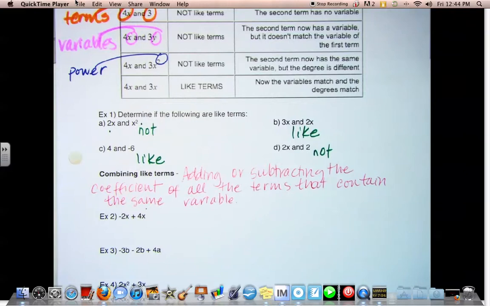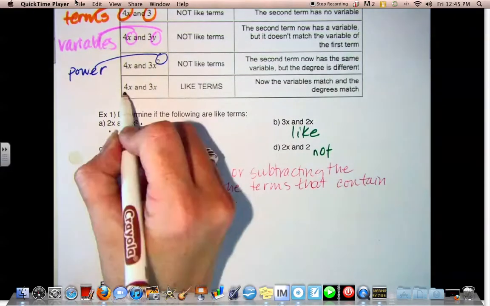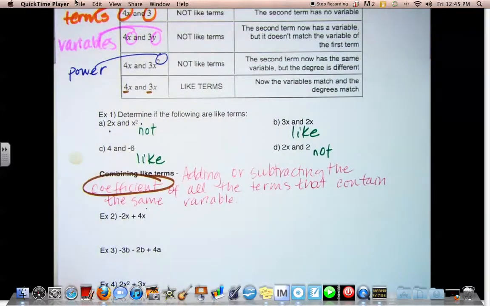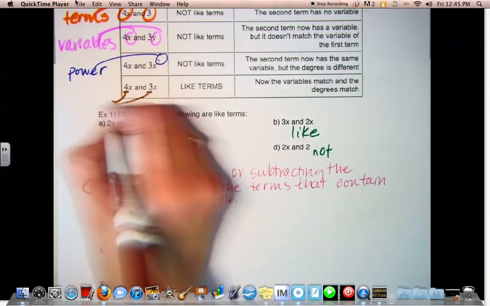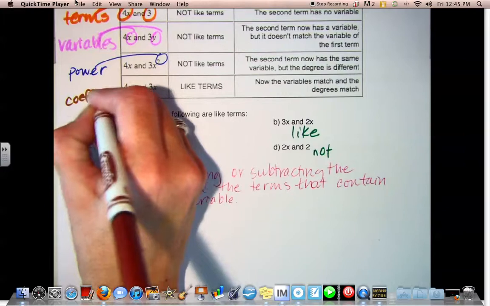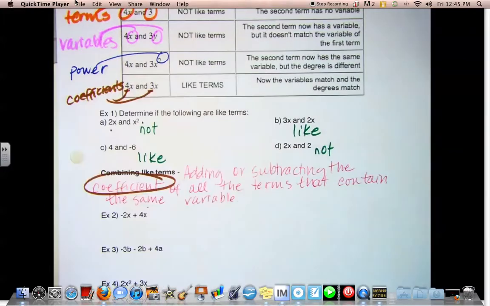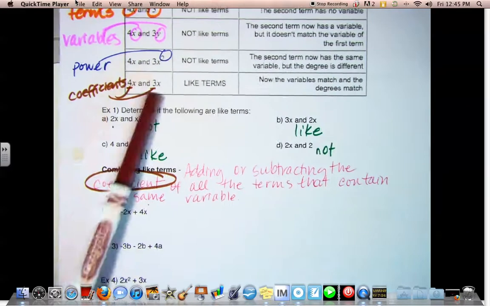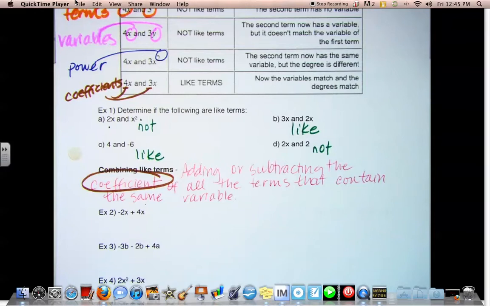What definition don't we use very often? Coefficient. So the coefficient is the number here that's in front of the x. These are coefficients. So this definition is saying that we add or subtract the numbers, these numbers that are in front of the variables.